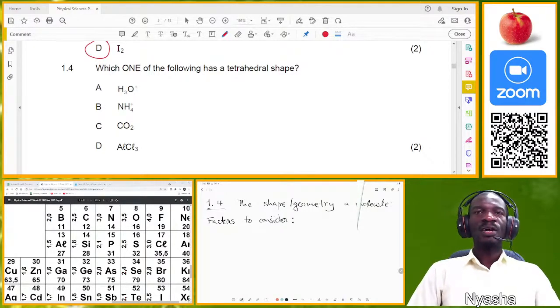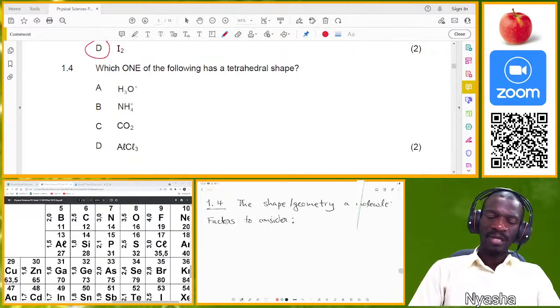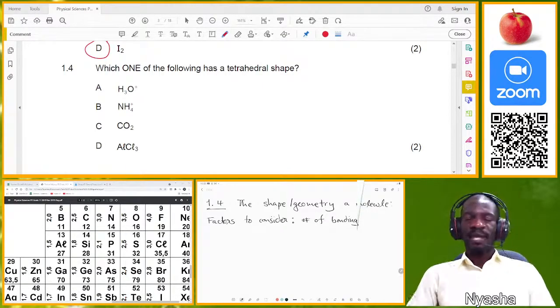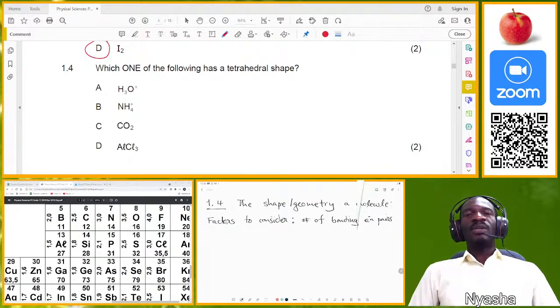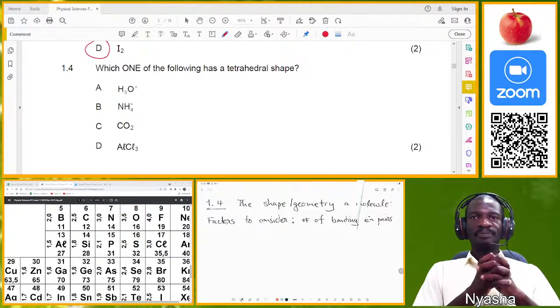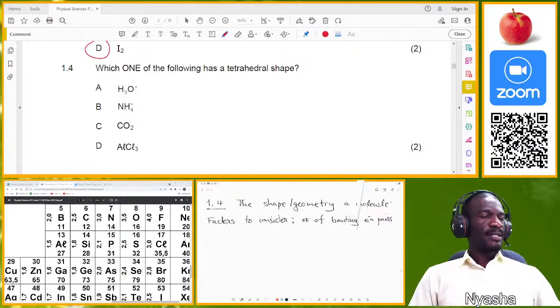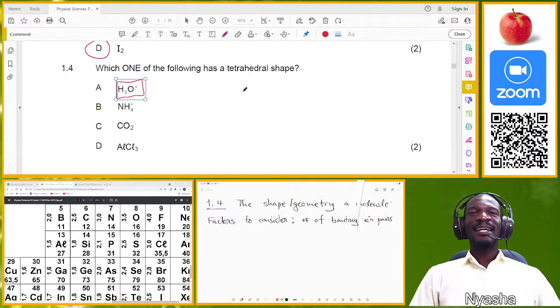Number one, we need the number of bonding electron pairs. When we have a bond, for instance for HO3, how many electron pairs are used for bonding?